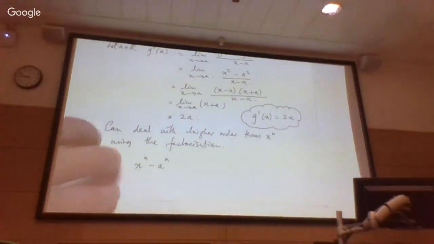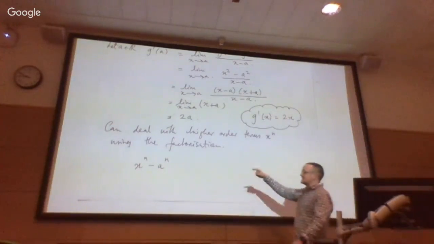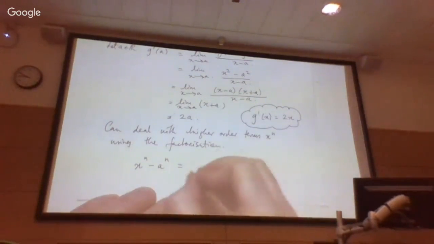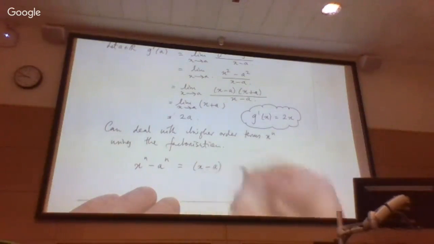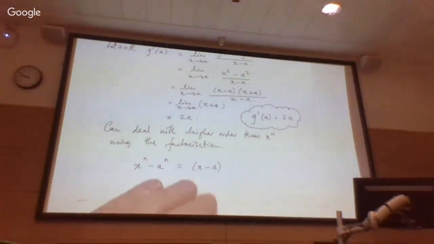Whenever you see a difference of the same integer power of a thing, so x to the n minus a to the n, that always factorizes. It might factorize a lot depending on what n is, but at least you can always extract out the factor x minus a.